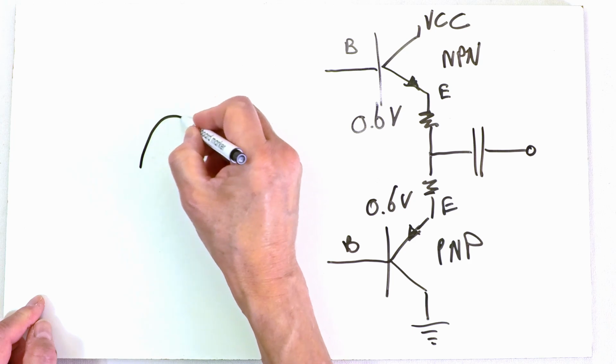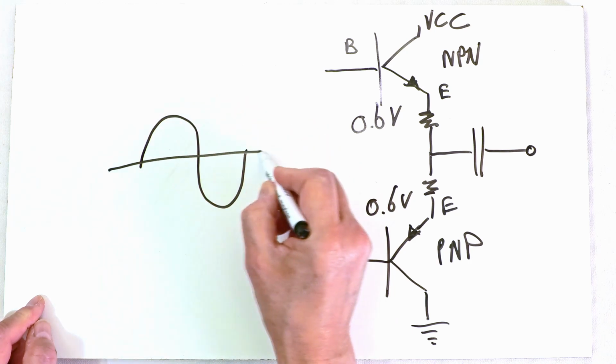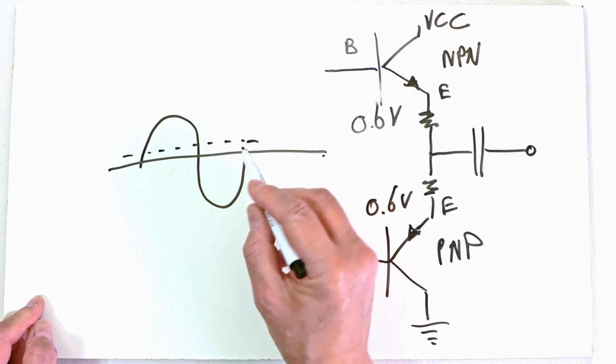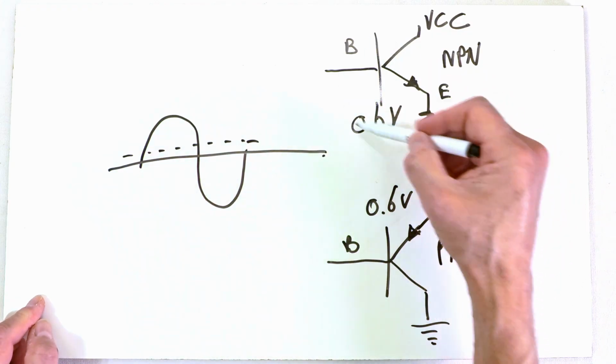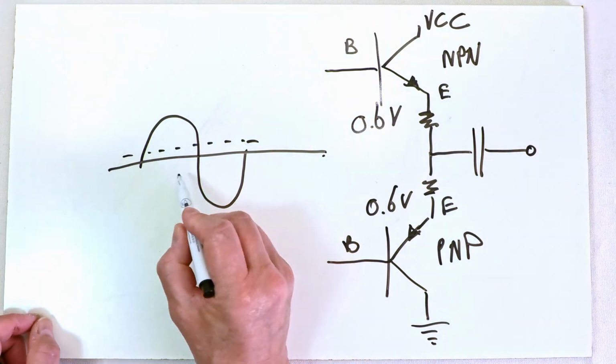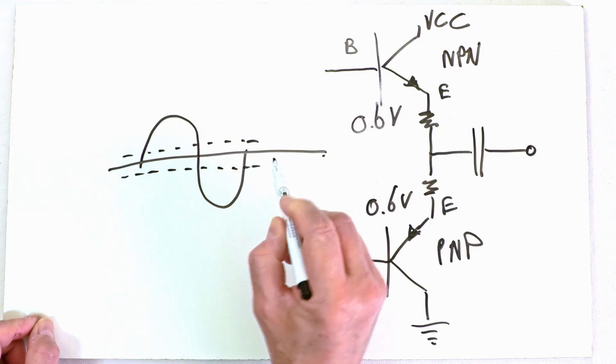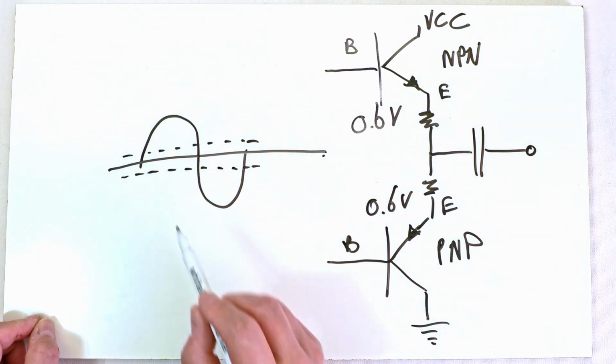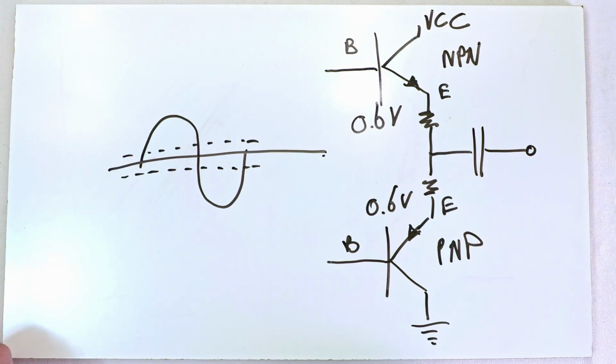So if a sine wave arrives at this circuit, the first 0.6 volts will not get amplified as the transistor is not switched on yet. The same holds for the negative 0.6 volts, as at this point the PNP transistor will not have switched on.